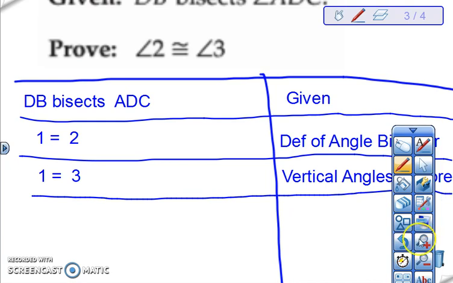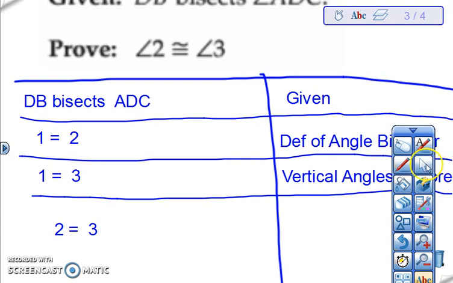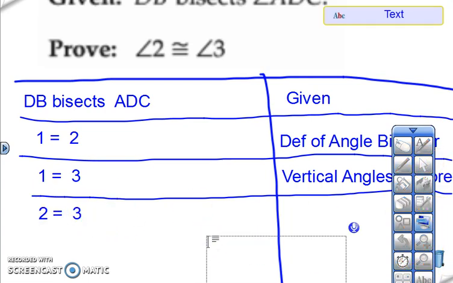And then finally, if angles 2 and 3 are both congruent to angle 1, then that means 2 must be congruent to 3 because of the transitive property.